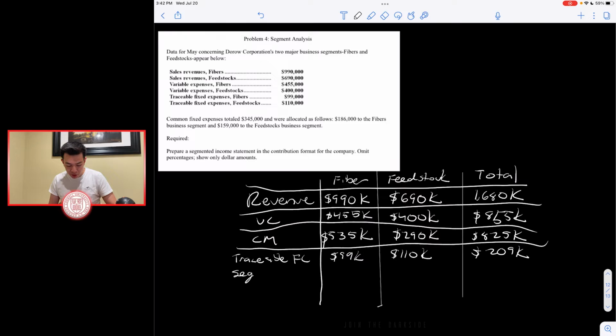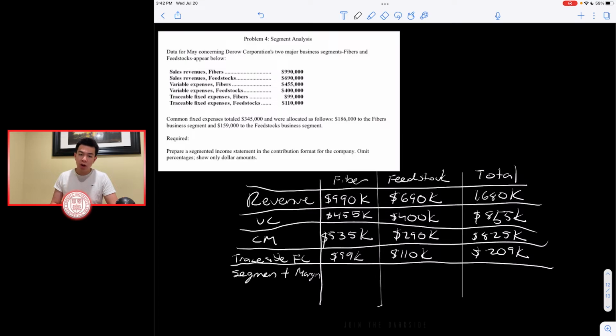And our next row, this is where it gets a little bit different. We're going to have segment margin. Okay, so segment margin basically tells us everything we know for fiber and for feedstock, because past this we don't have traceable costs, we only have common costs, so we're no longer able to allocate them to only fiber or only feedstock.